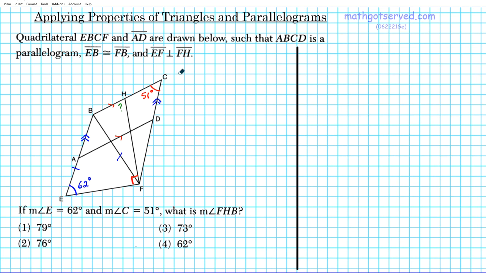Since BE is congruent to BF, what can we conclude? Then the angles opposite those sides are congruent.